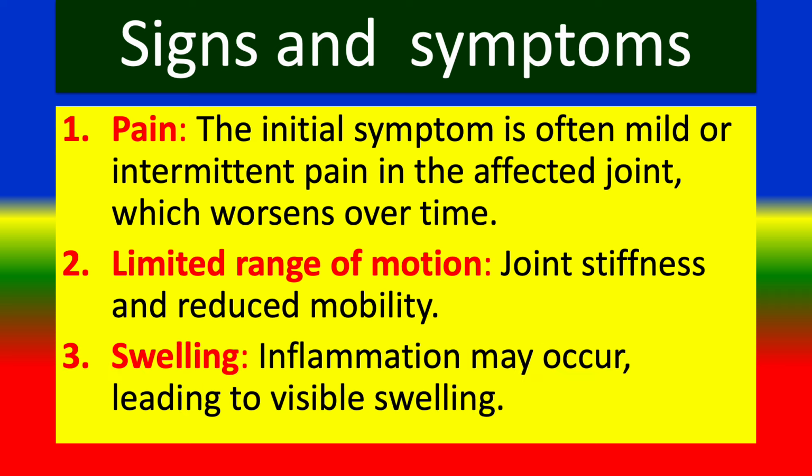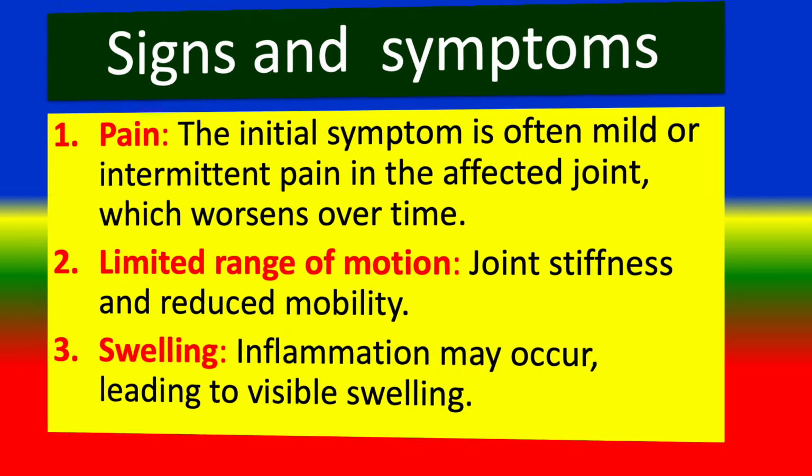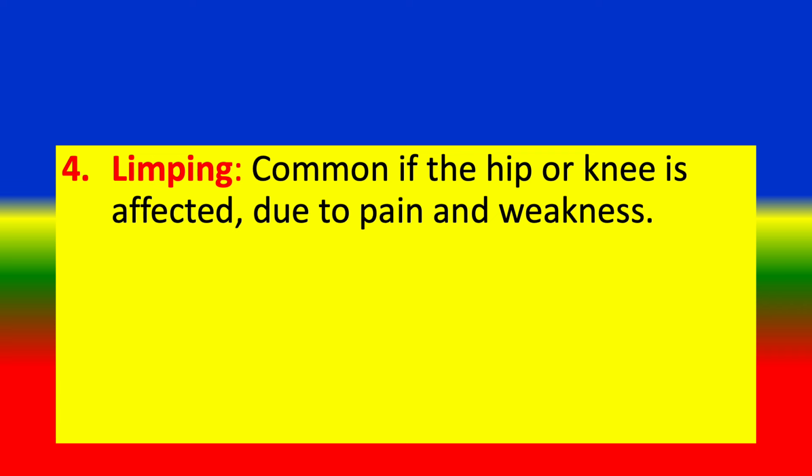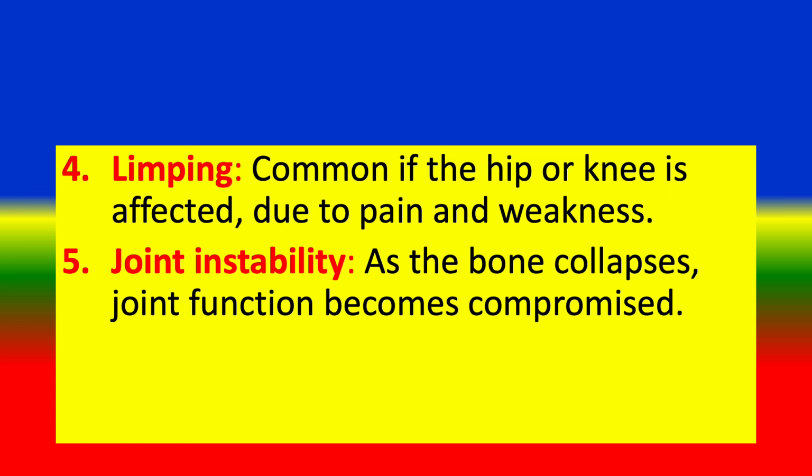Swelling. Inflammation may occur, leading to visible swelling. 4. Limping, common if the hip or knee is affected due to pain and weakness. 5. Joint instability. As the bone collapses, joint function becomes compromised.